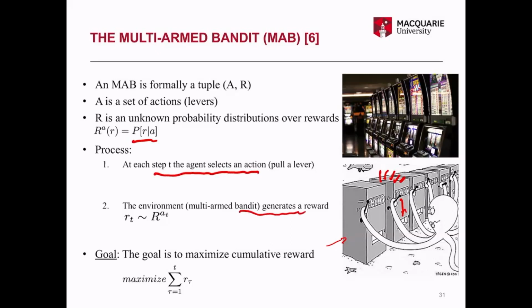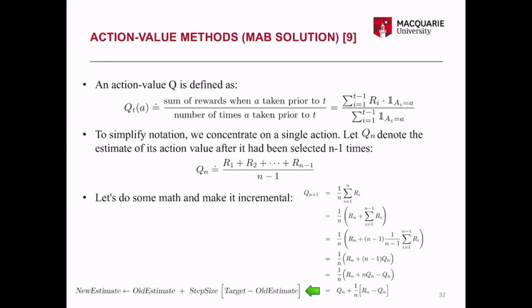And the goal is to maximize the sum of our rewards, right? So this is our first definition. This slide might seem a little mathy, but it's in fact very easy to understand.